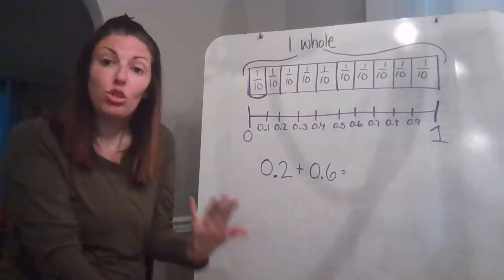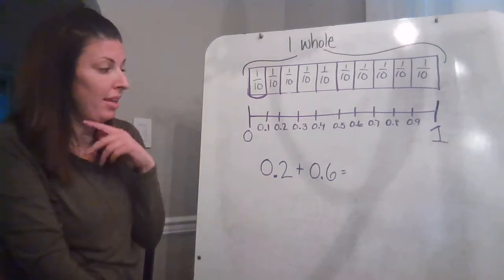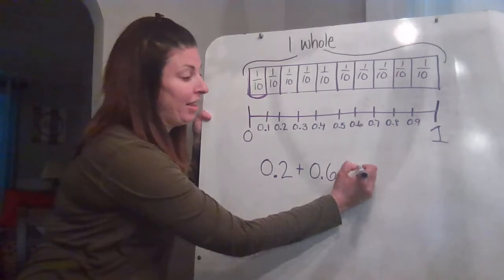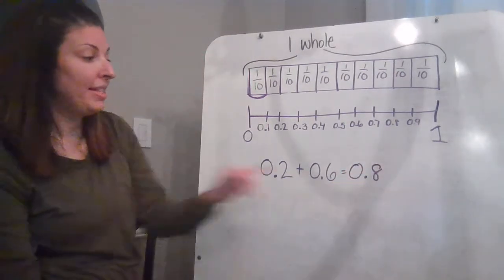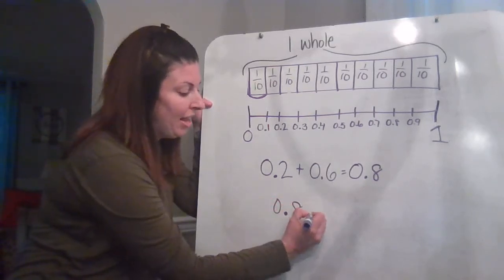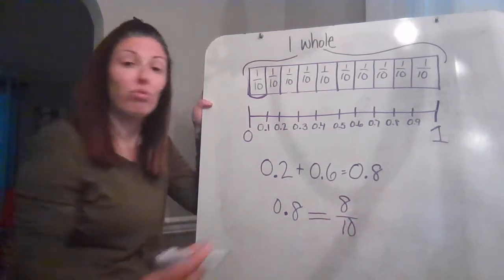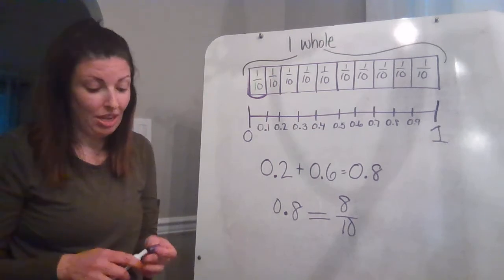What is 2/10 plus 6/10? What does that give us? 8/10. And we write that 0.8. 8/10. So 0.8 is equal to 8/10. It represents the same exact amount. It just looks a little bit different.